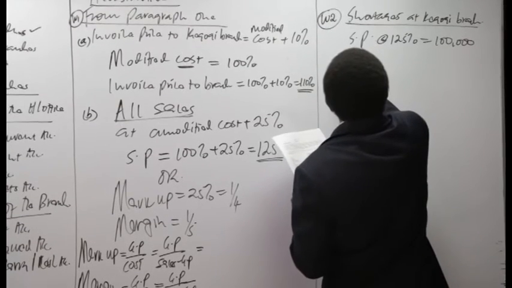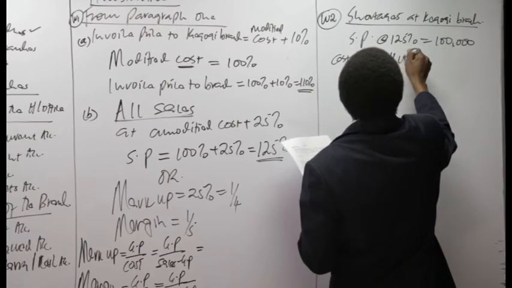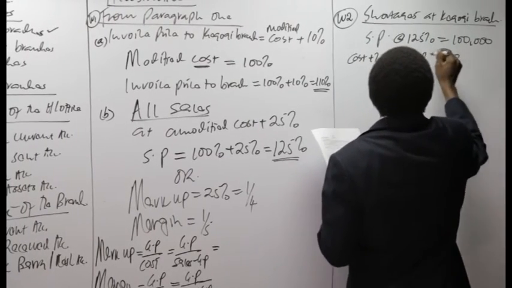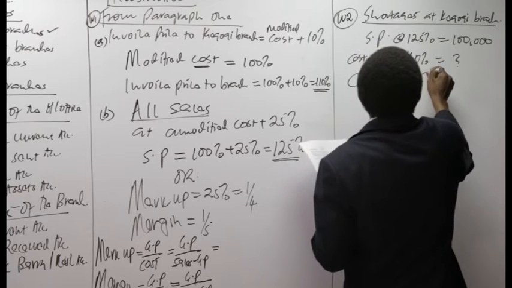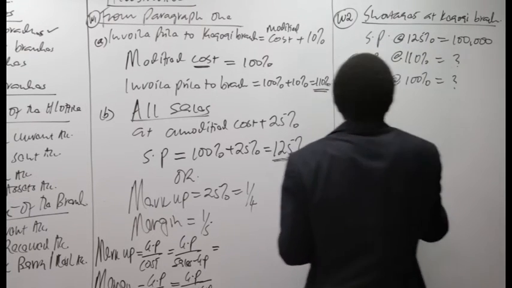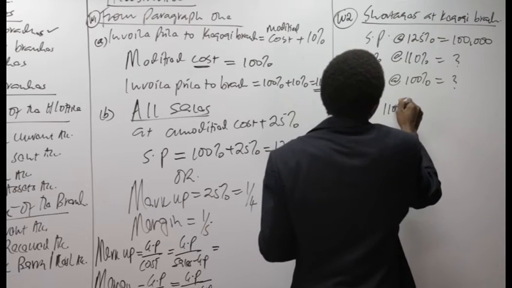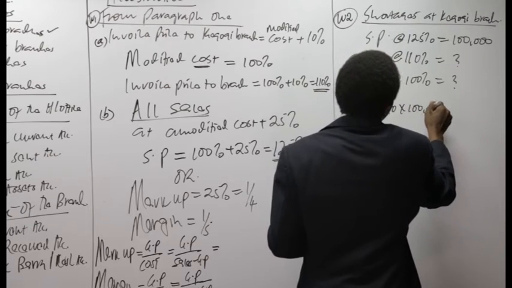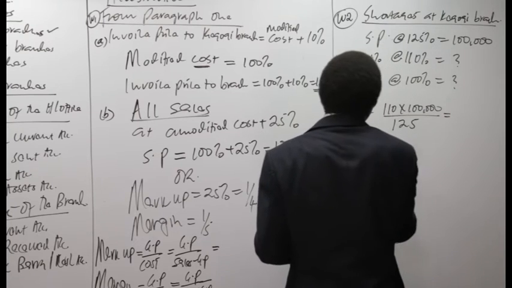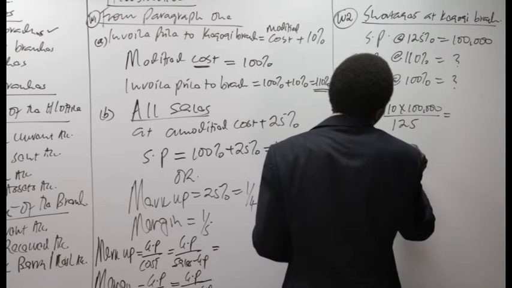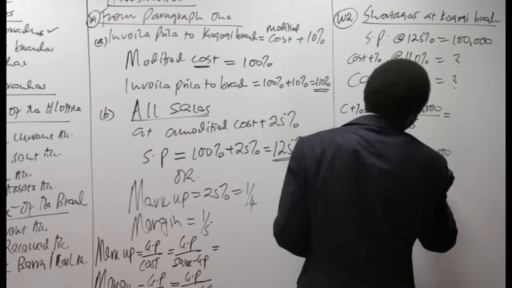We need the cost plus a markup, which is at 110%, and we also need the original cost, which is at 100%. What will it be? So the cost plus a markup is going to be 110 times 100,000 over 125, while the original cost is going to be 100 times 100,000, divided by 125.